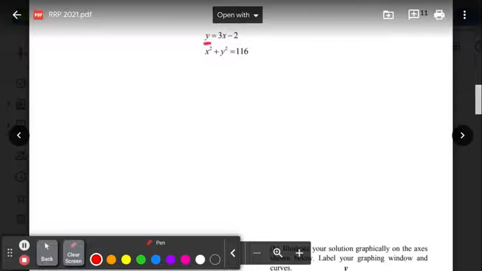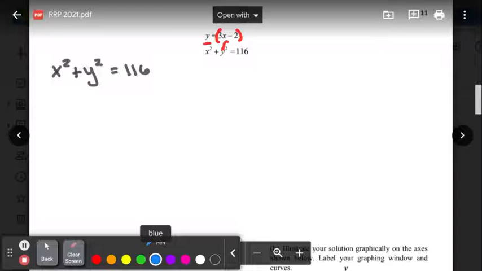So we have y equals 3x minus 2, and then we have this circle, x squared plus y squared equals 116. If you remember from Algebra 1, we're going to take that y equals part, the 3x minus 2, and plug it in here for the y. So I'm going to start by rewriting my equation: x squared plus y squared equals 116.